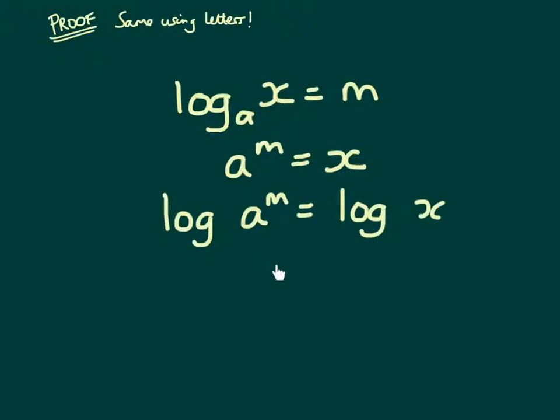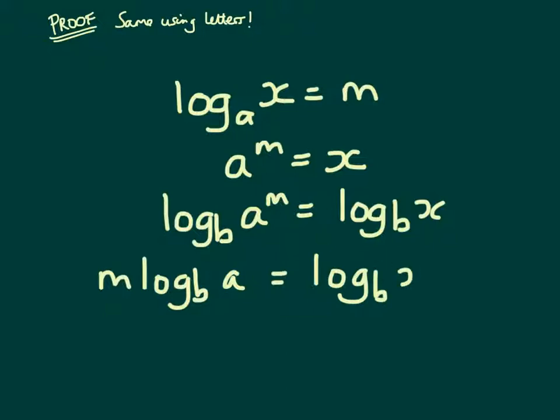Now I want to prove this for any base, so not just log to the base 10. So all we're going to do is put a b in there, and that b is going to represent any base that we want. Okay, so again, like we did before, bring the m down using the power rule. So that's m log to the base b of a equals log to the base b of x.